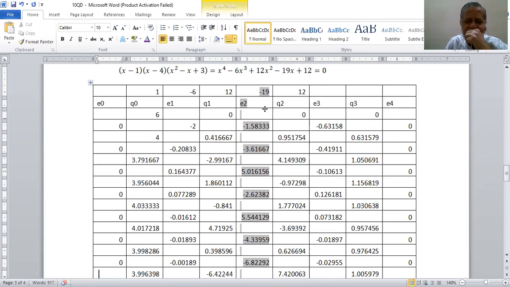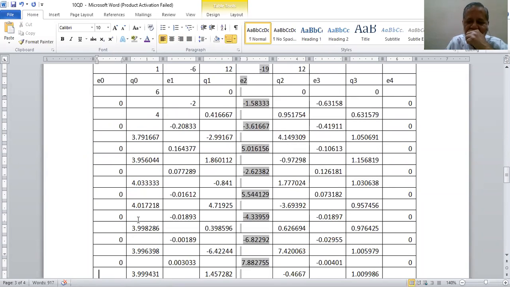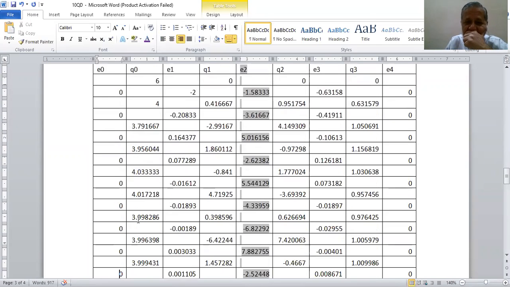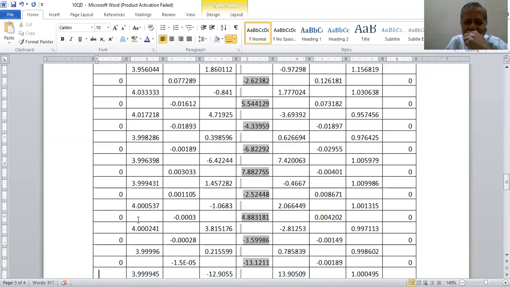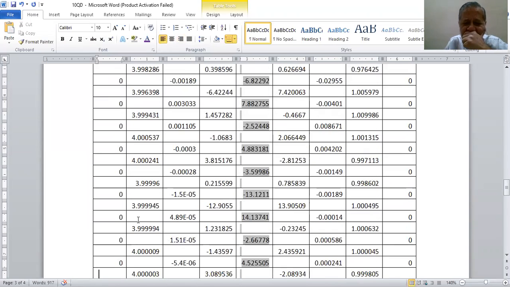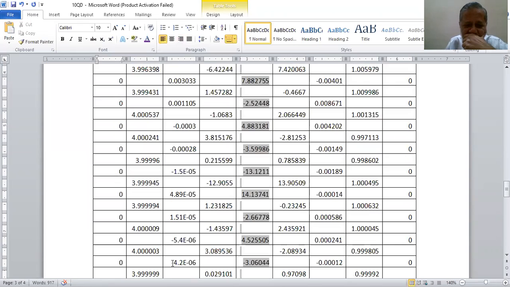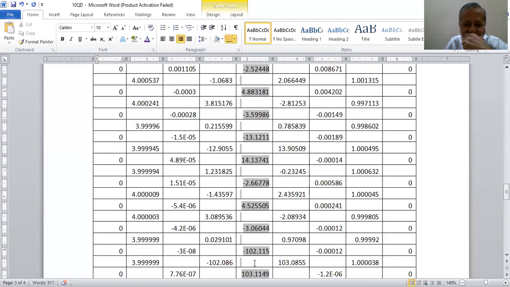देखो मैंने E2 का जो कॉलम है इसको कलर किया हुआ है. इसकी एक वजह है. रिमेंबर दैट हमने इक्वेशन ही ऐसी बनाई है जिसमें कॉम्प्लेक्स कॉन्जुगेट रूट्स हैं. तो जब हम QD एल्गोरिथम लगाएंगे तो इसकी इंडिकेशन कहाँ से आएगी? इसकी इंडिकेशन से आएगी कि हम देखेंगे कि हर E का कॉलम पिछले वाले क्वेश्चन में तो 0 की तरफ जा रहा था, इस दफा E1 कॉलम और E3 कॉलम ये तो 0 की तरफ जा रहे हैं, मगर E2 कॉलम जिसको मैंने कलर किया हुआ है वो 0 की तरफ नहीं जा रहा.